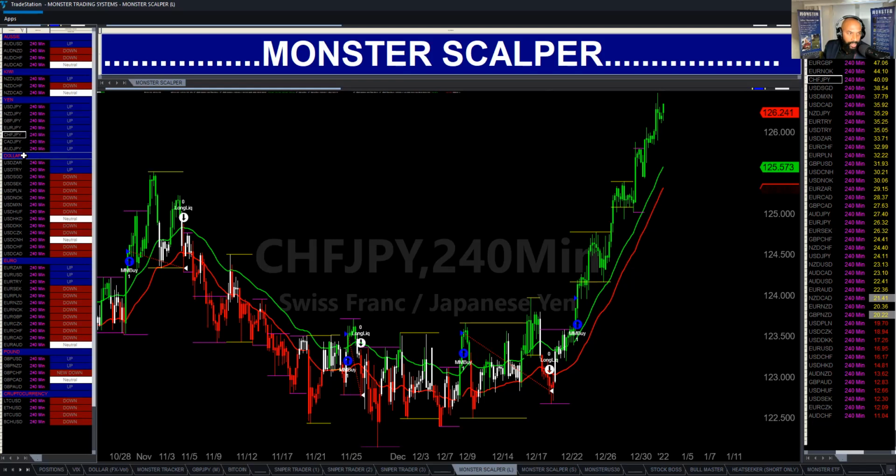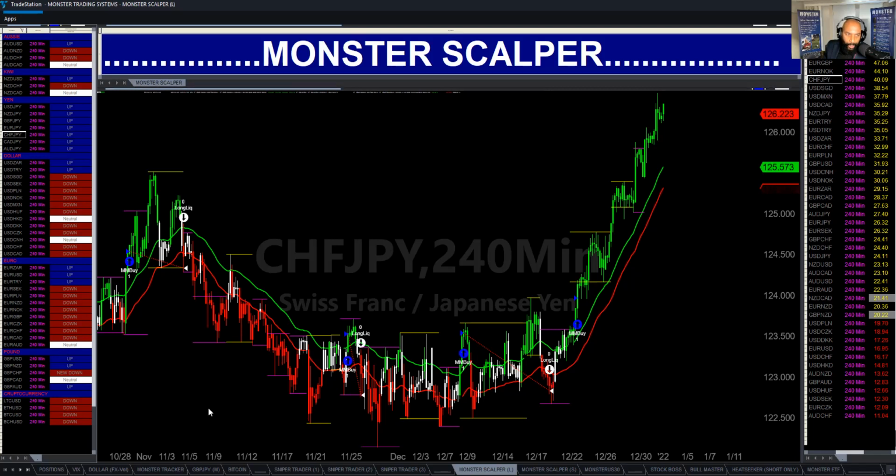What we want to see is where the majority of the pairs in that group are trending in the same direction, either up or down. Over here, we want to find the pairs that are trending. We can't trade every single one, but we can isolate the pairs that are trending and get on those trends to maximize our returns.